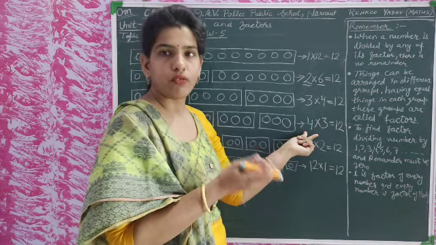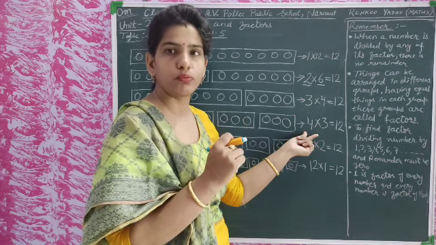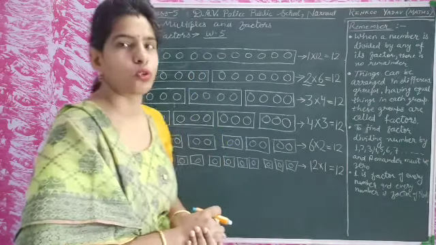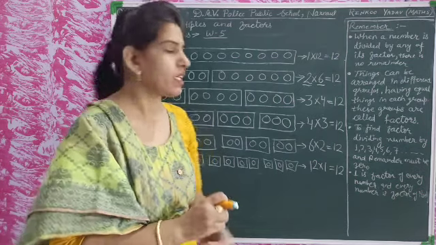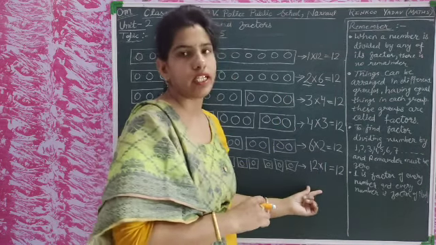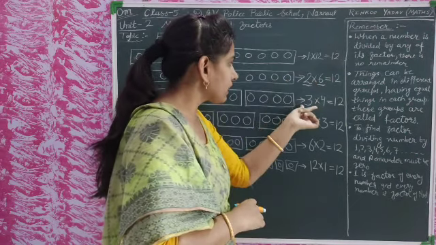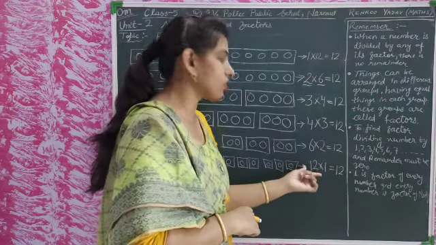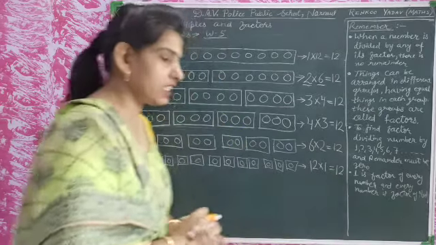If we divide things in 5 groups, we cannot make different groups because numbers are left out. So students, we can take 1, 2, 3, 4, 6 and 12. No other groups are there. So these are the factors. These groups are called factors of which number? That is 12.